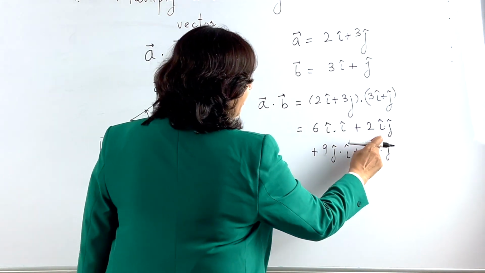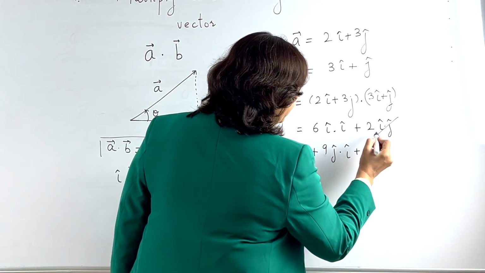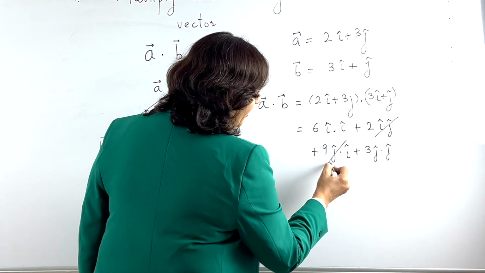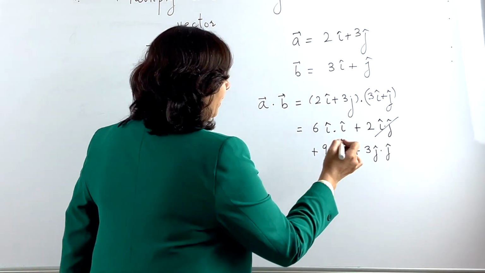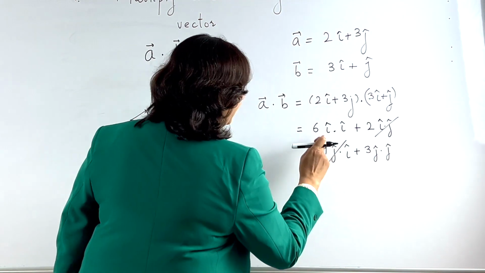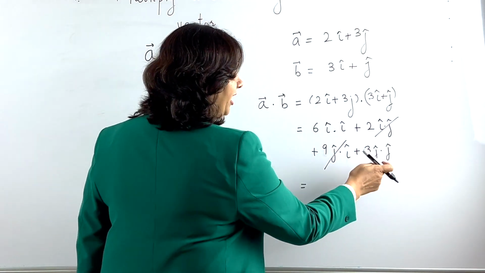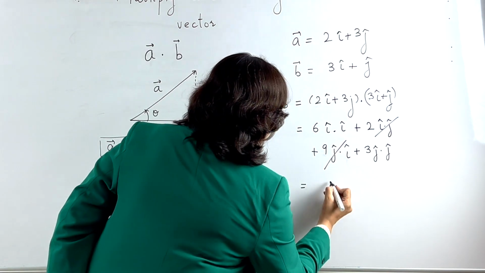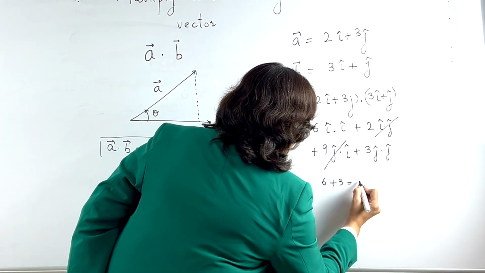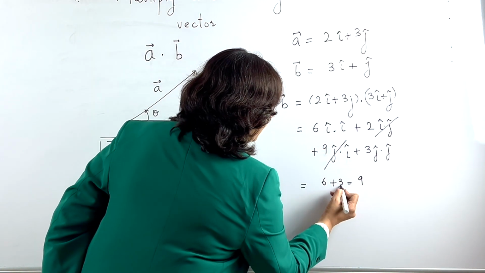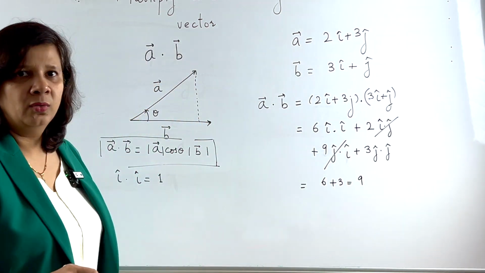So in i dot j, this term will go off. Similarly, j dot i will also become equal to 0. We will be left only with two terms: 6 into i dot i, which will be 1, and j dot j will again be 1. So 6 plus 3 is equal to 9, okay, and that is a number.